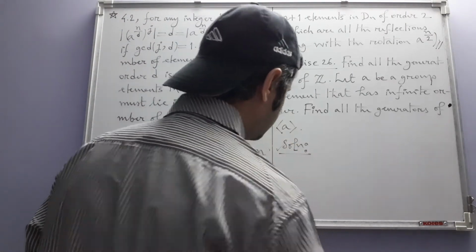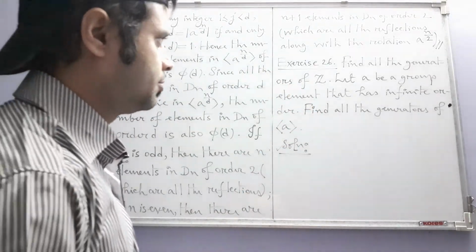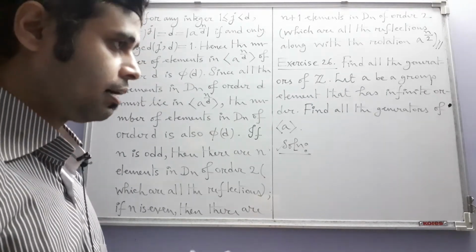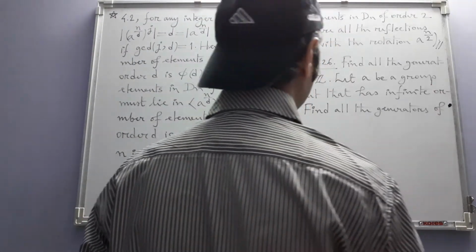Okay, so first we have to deal with the additive group of integers. We already know that 1 and -1 are generators, but are there any other generators? That we have to figure out.